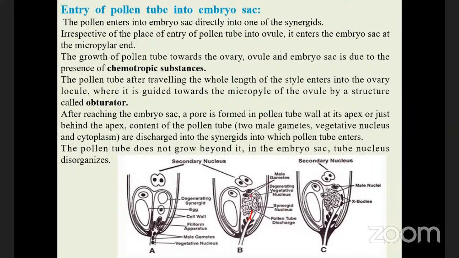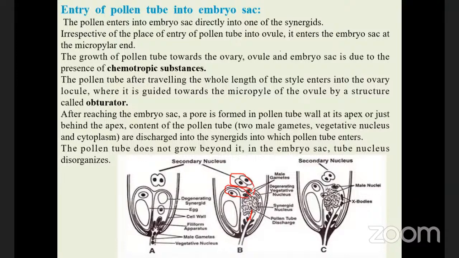One male gamete fuses with the egg cell, and the second male gamete fuses with the secondary nucleus. That basically depends upon the chemotropic chemicals present, whether compatible chemicals are present or not. And obturators and the filiform apparatus also help the pollen tube reach the egg apparatus.